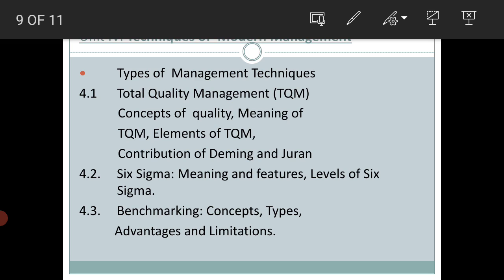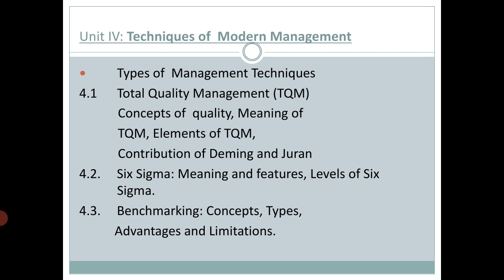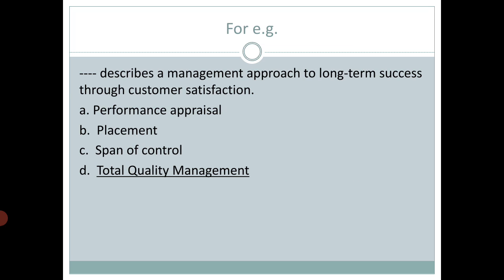So here, whenever we consider unit number 4, the different terminologies are related to quality management, or upgrading your product or maintaining quality in your product. For example, if we consider an MCQ related to unit number 4: dash describes a management approach to long-term success through customer satisfaction.